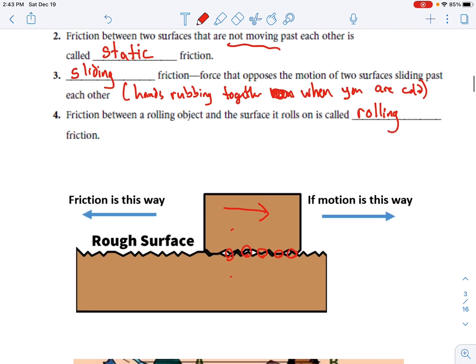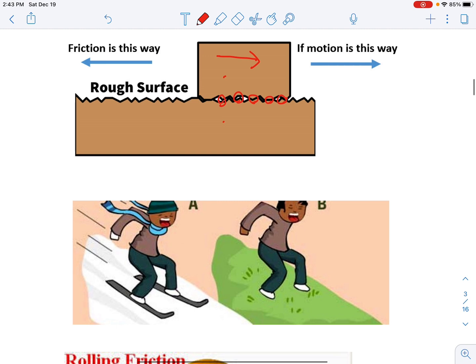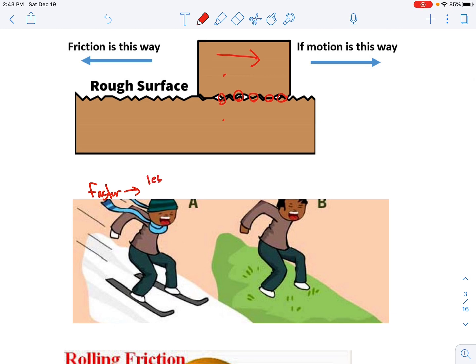Okay, so a couple of these guys here. So picture A has a guy with skis going down a hill and a guy trying to slide down on grass. And I think that this guy over here is going to go faster because the smooth ice and the smooth skis are going to have less friction.